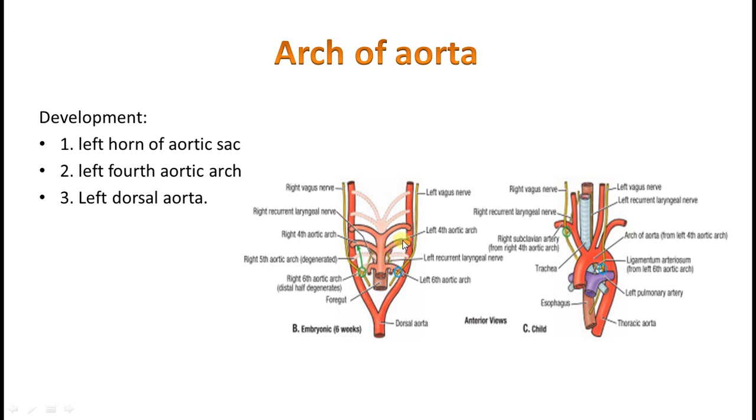So 1, 2 and 3 all contribute to the formation of the arch of aorta. Three sources you just remember: left horn of the aortic sac, left fourth aortic arch artery, and finally the left part of the dorsal aorta.